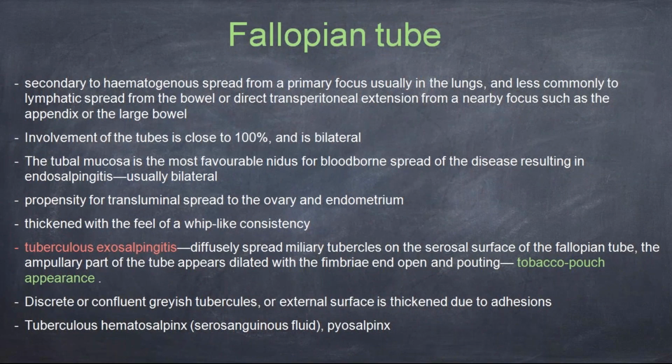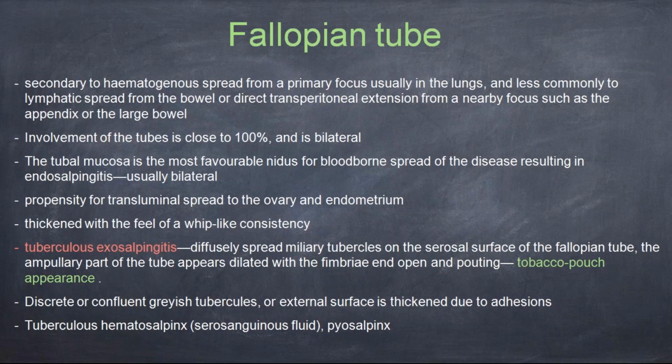Most of the time, bilateral tubes are involved. So what happens? The tubes become thickened and form a whip-like consistency, and there will be tuberculous exosalpinx. What we have discussed previously, the serosa is all laden with minute tubercles all over the tube.